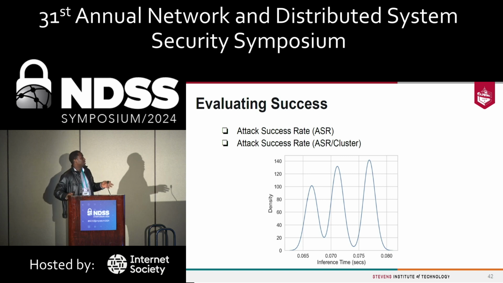The attack success rate per cluster just corresponds to the accuracy of the attack model to infer the sensitive attribute of a user whose timing measurement falls into a particular time cluster. And in order to obtain the different clusters of the model, because we assume that the attacker doesn't know how many exits are in the model, we partition the timing profile of the adaptive neural network using kernel density estimation, also known as KDE.